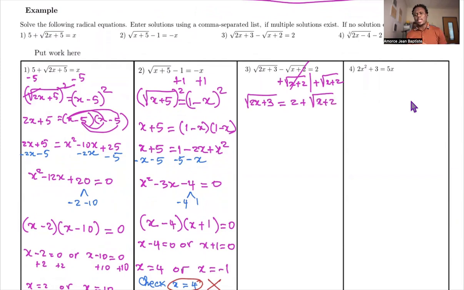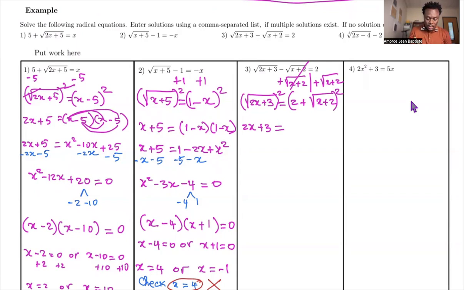Now the appropriate exponent that we want to use is 2, given that the index of the radicals are all square. So let me raise both sides to the power 2. So that is 2x plus 3 equals. Now remember, if you have a term plus another one raised to the second power, you're going to break it down.